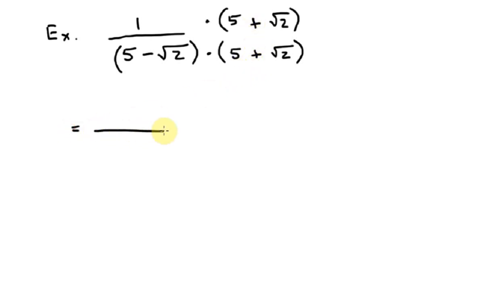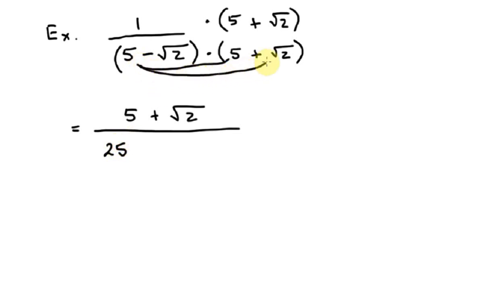First of all, on the top you got 1 times this stuff, so it's basically this stuff. But on the bottom, I got to kind of FOIL this mess out. So I'm going to have 5 times 5, so that's 25. Then I've got 5 times positive root 2. So that's a positive 5 root 2.